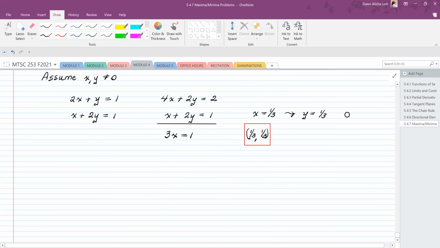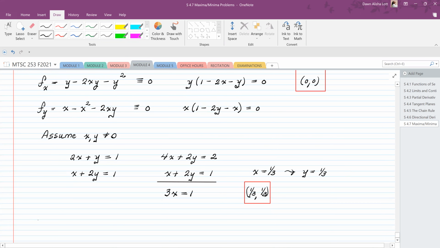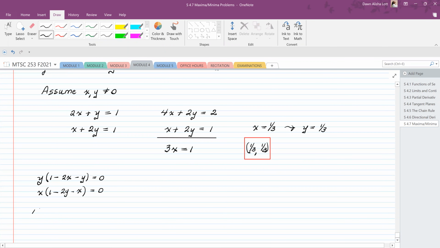So if we take these equations, we have y times (1 minus 2x minus y) equal to 0, and x times (1 minus 2y minus x) equal to 0.